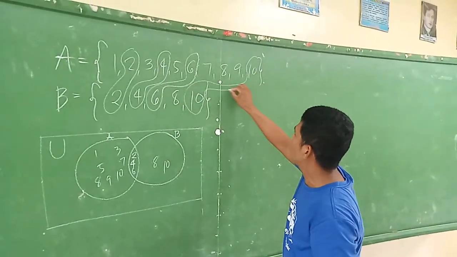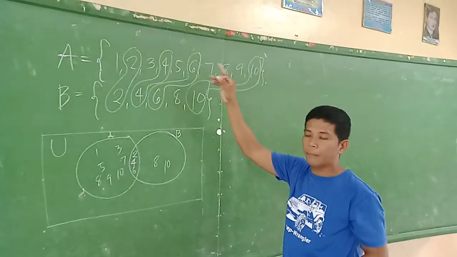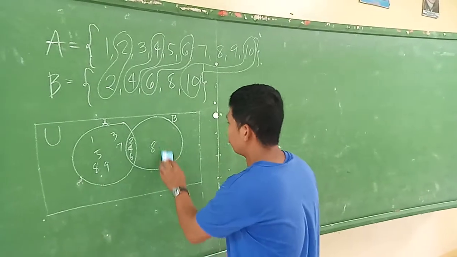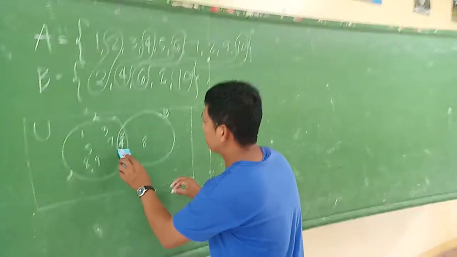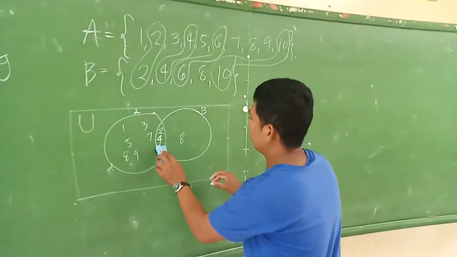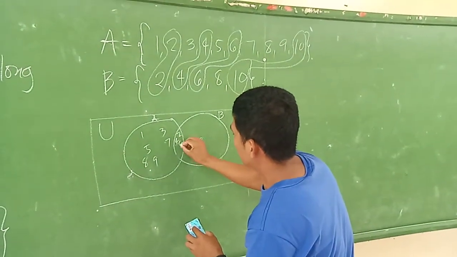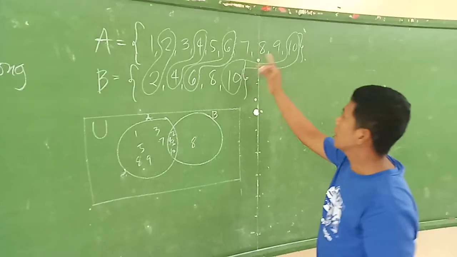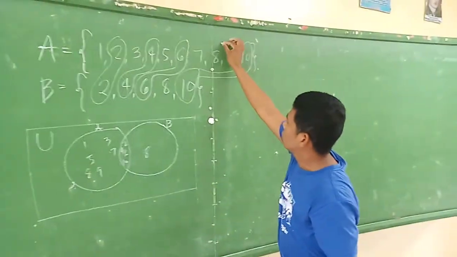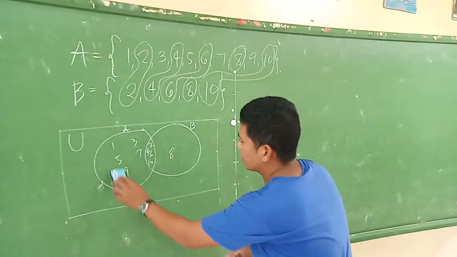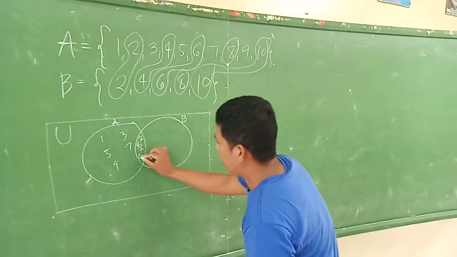Those are the common elements of A and B, so we remove 10 from the separate parts and write 2, 4, 6, and 10 in the middle. Wait, there is one more, number 8. We remove number 8 from the two sets again, so it also goes in the middle.